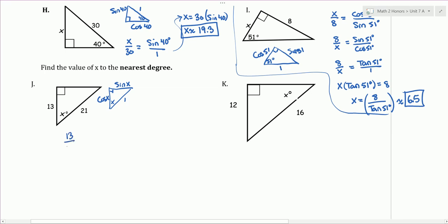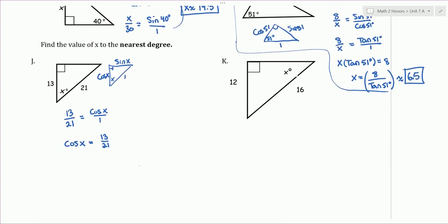So 13 over 21 would equal cosine x over 1. I don't need to cross multiply. I'm just going to flip the fraction around. I end up with cosine of x is equal to 13 over 21.